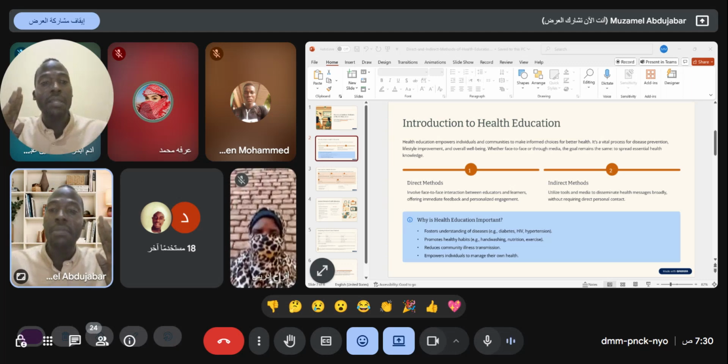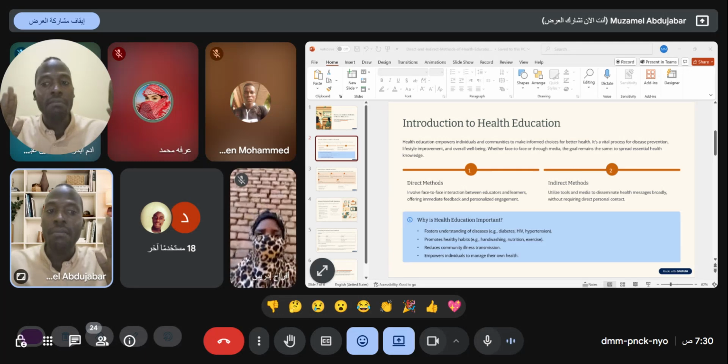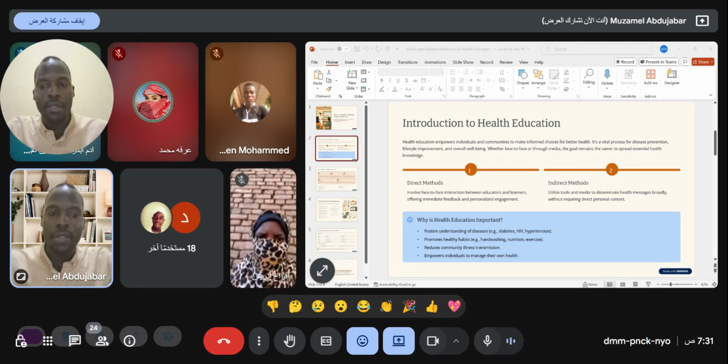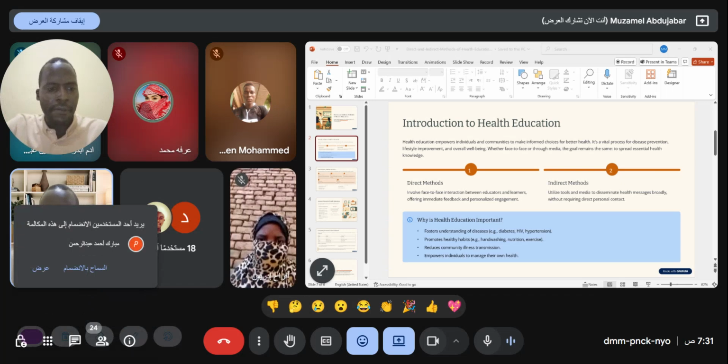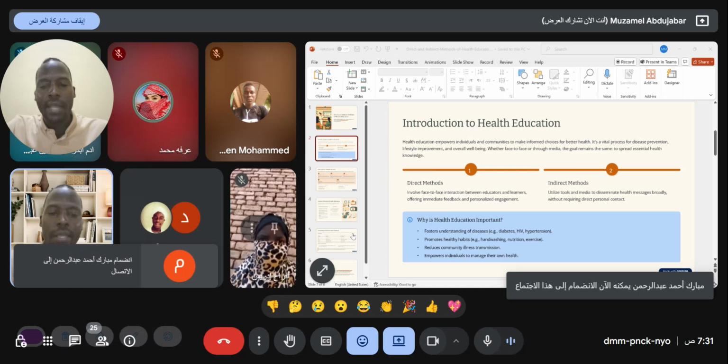Indirect needs a mediator, or media, or tools to send the message or to disseminate the health message without requiring direct personal contact. This is a brief of the direct and indirect methods.